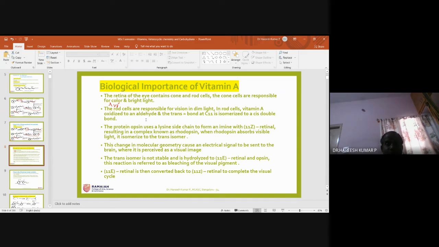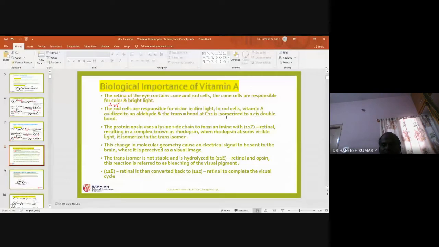So this process occurs in rod cells. And also the trans double bond in vitamin A, the trans double bond at 11th carbon atom isomerizes to cis. Two things are happening in the rod cells.